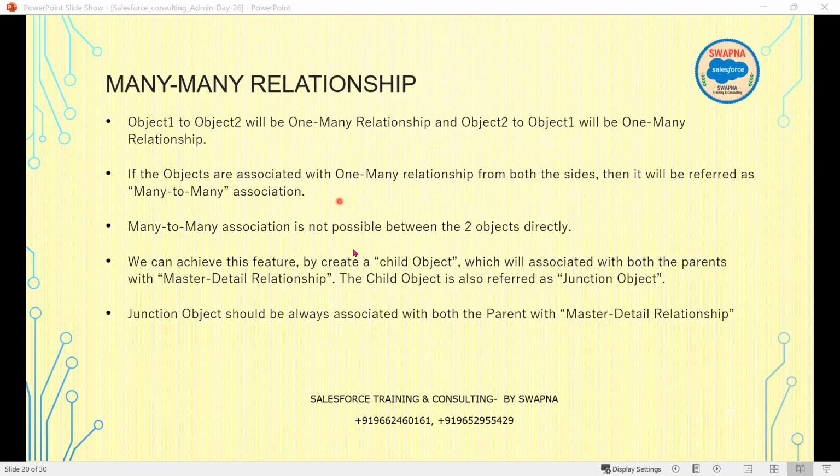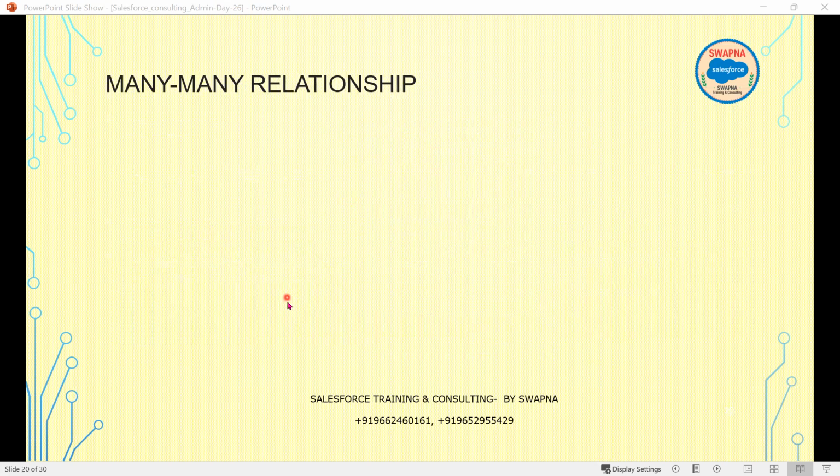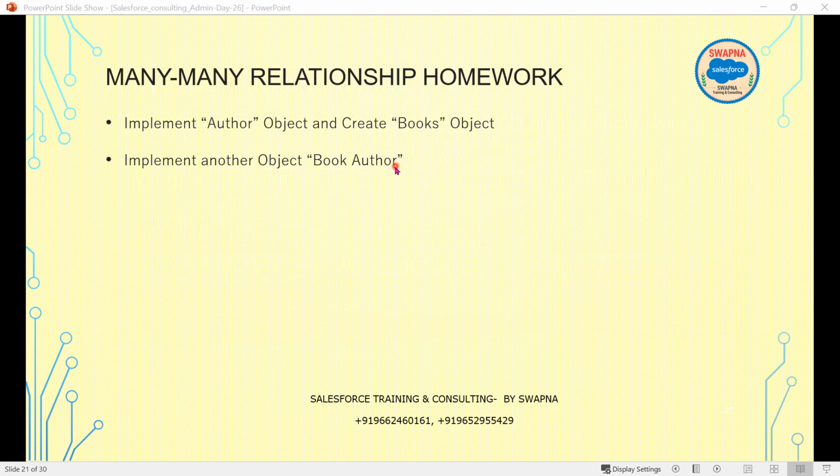Now, in case you want to implement this scenario, what you have to do is first create the author object, then create a books object, and then create a book author object. All 3 objects are implemented individually.